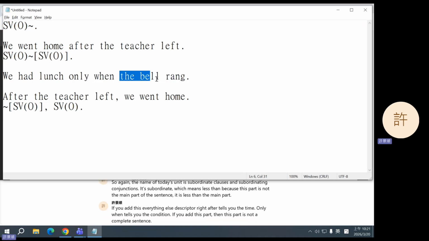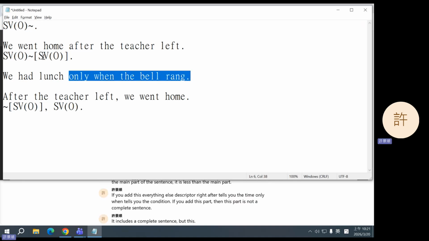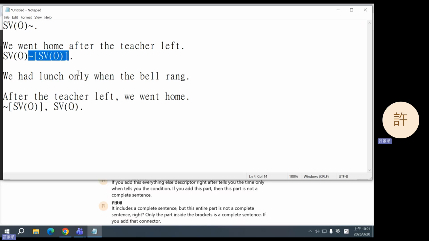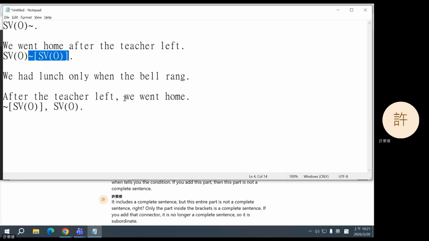It includes a complete sentence, but this entire part is not a complete sentence, right? Only the part inside the brackets is a complete sentence. If you add that connector, it is no longer a complete sentence. So it is subordinate, less than a complete sentence.